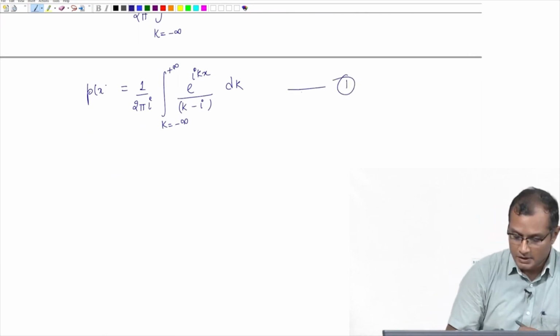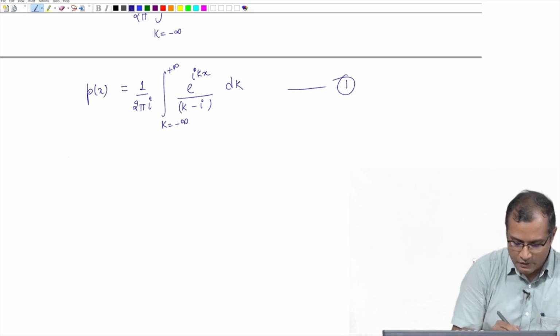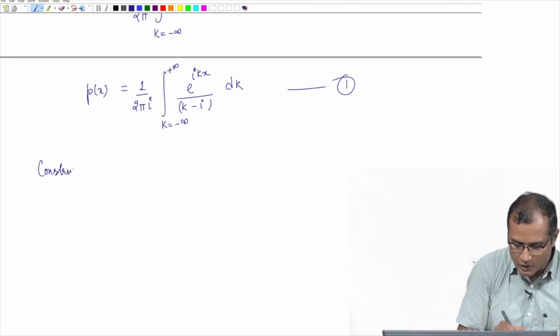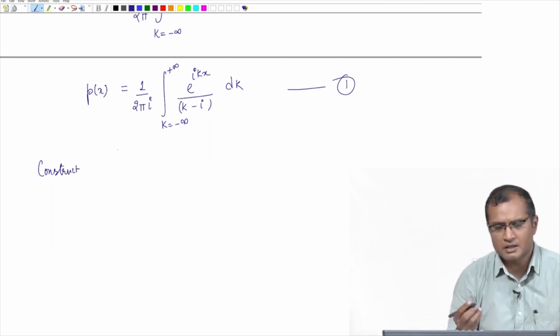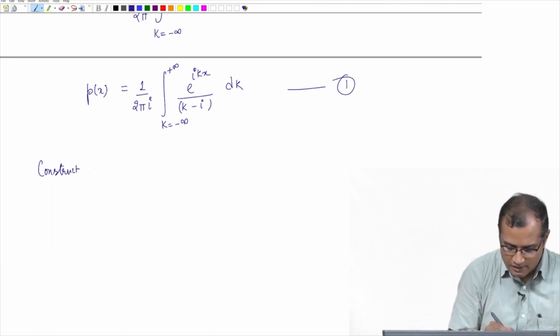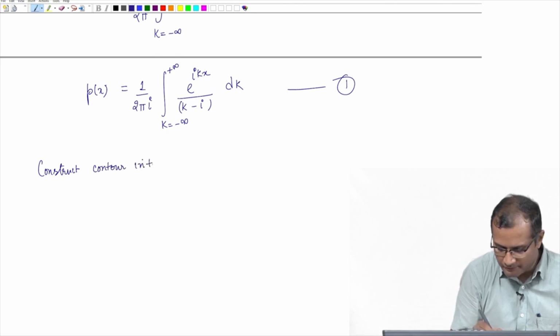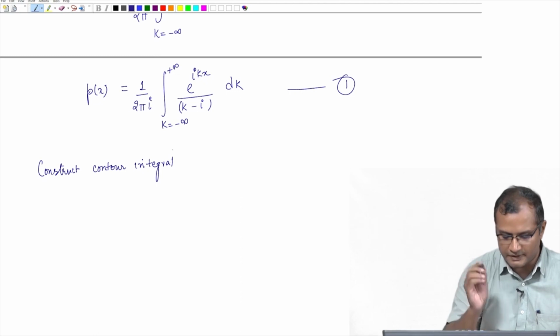Okay. So, what I will do is construct some new integral in the complex plane. This is a contour integral, which is different from our p of x.